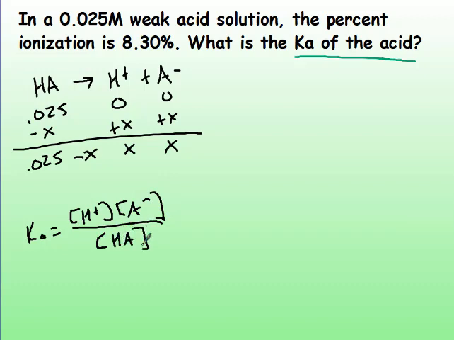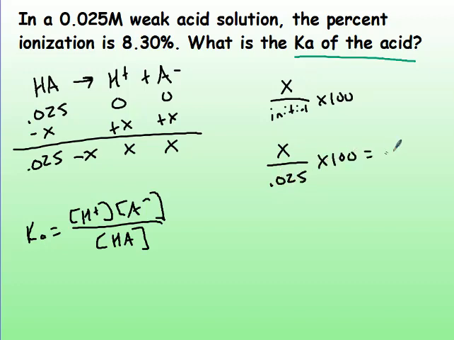So given the percent or the pH, I can find X, because remember, percent was X over initial times 100. So I don't know my X, but my initial is 0.025, and I know my percent is 8.30. So dividing by 100, multiplying by 0.025, I get X is that value.